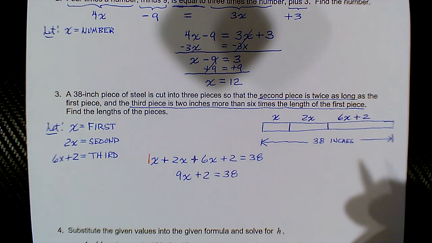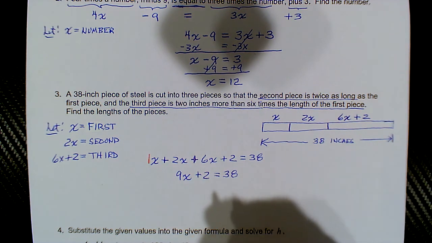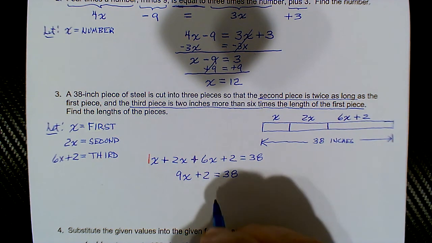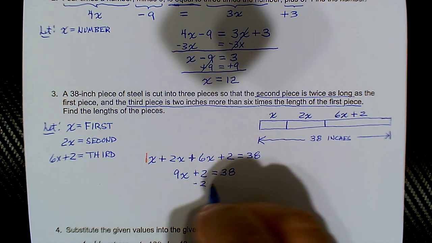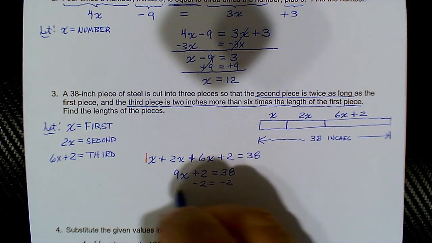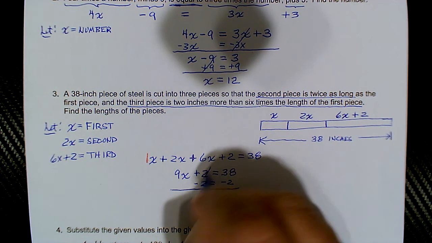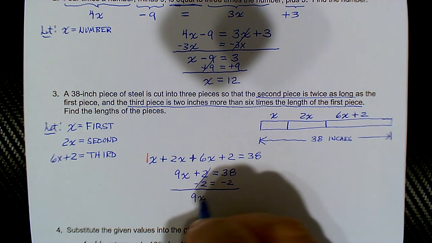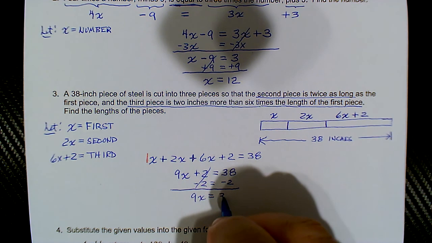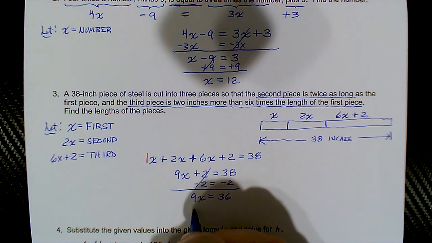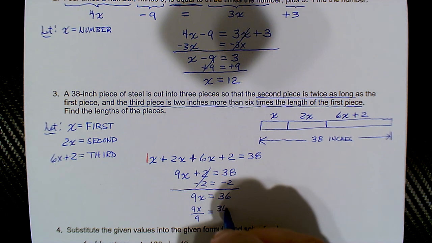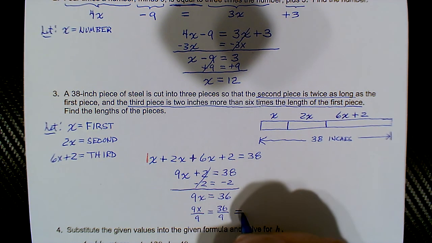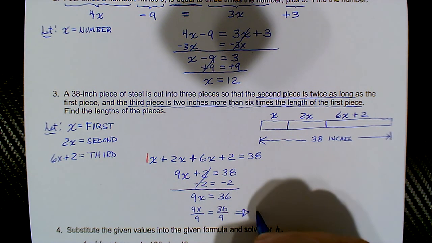And then we want to solve for x. It's the variables on one side, so numbers on the other. Subtract 2 from both sides. And we bring down the 9x. That equals 38 minus 2, 36. Finally divide by 9. And we have that x equals 4.